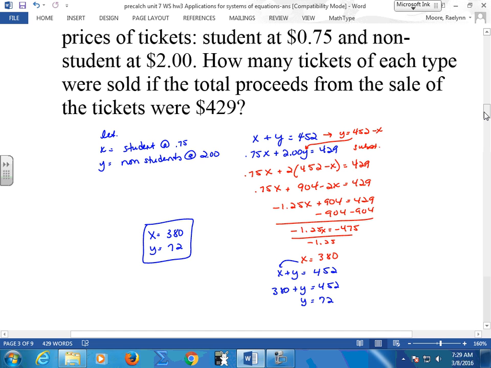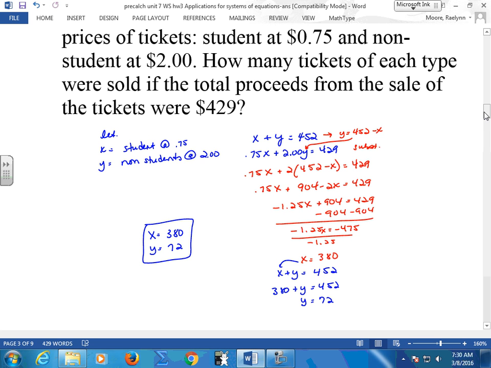If you want to do this combination, elimination, that's fine too. You can absolutely multiply this by -2 and do a combination, the elimination. This lends itself nicely to substitution. Whichever way you solved it is fine.